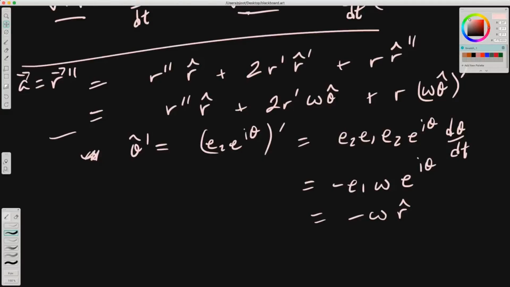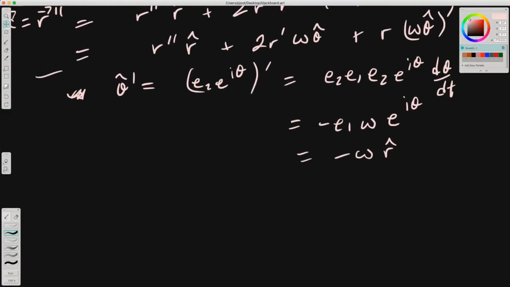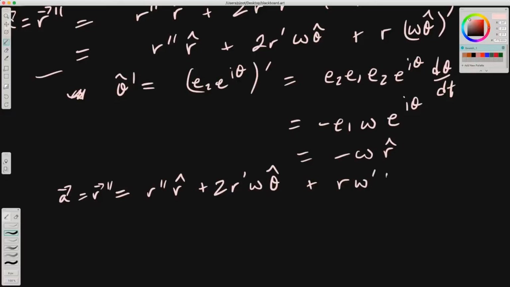So I'm going to slide the screen up there. Sorry, I had a pop-up that probably didn't show at your end. That was annoying. Okay, so we have the acceleration is r double prime r hat plus 2 r prime omega theta hat plus r omega prime theta hat plus r omega theta hat prime, which is minus omega r hat.